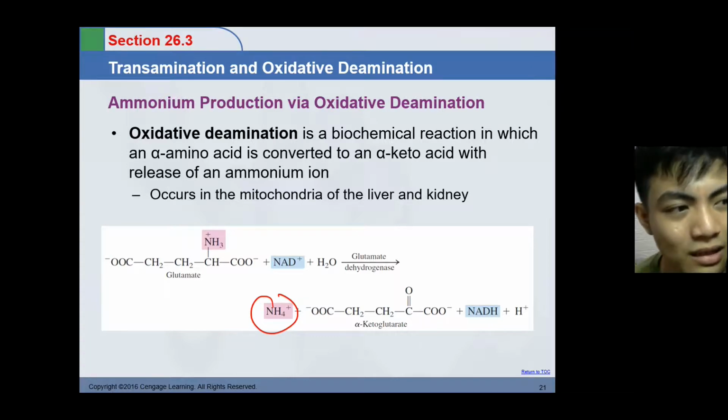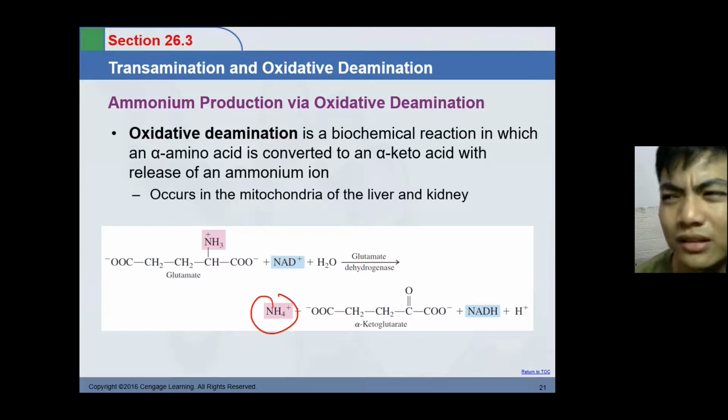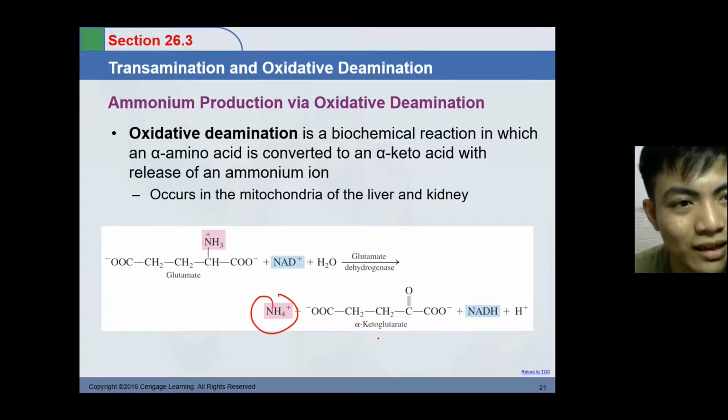And those NAD+ can be utilized in oxidative deamination. Tapos magpo-produce ng NADH, and NADH can produce 3 ATP, no? So very resourceful. Very resourceful. Look, no? Other than the ATP, po-produce ulit siya ng alpha-ketoglutarate that can be used in Krebs cycle.